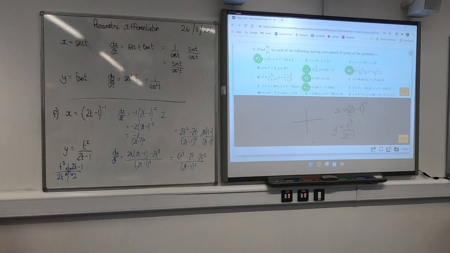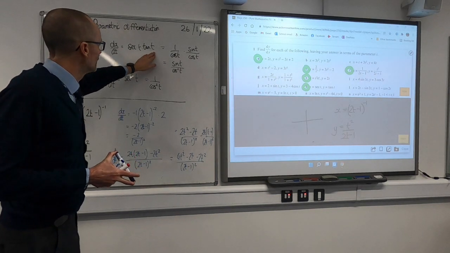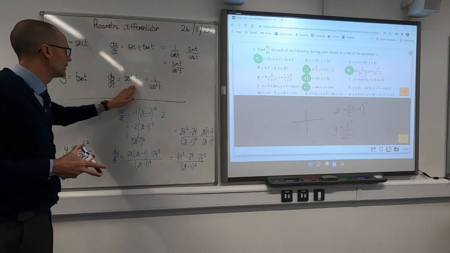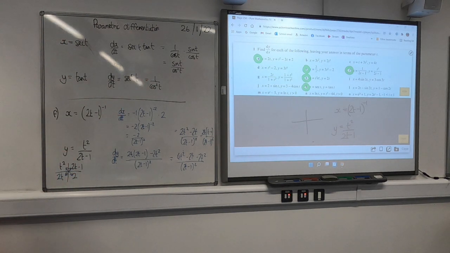So I've differentiated x using the formula sheet, differentiated y using the formula sheet. I've now got to combine those two answers.